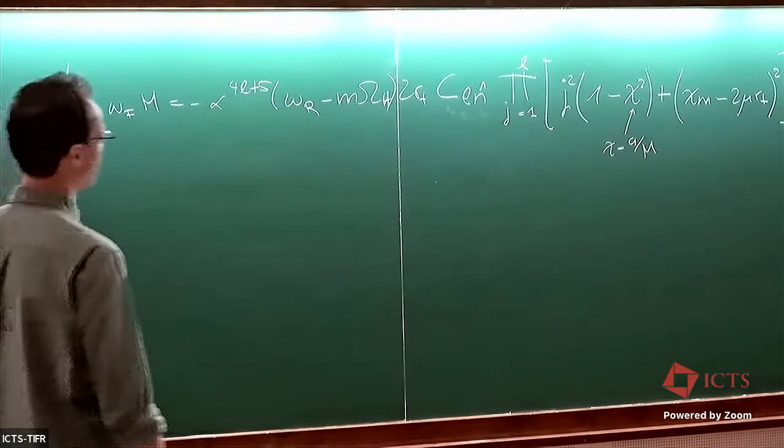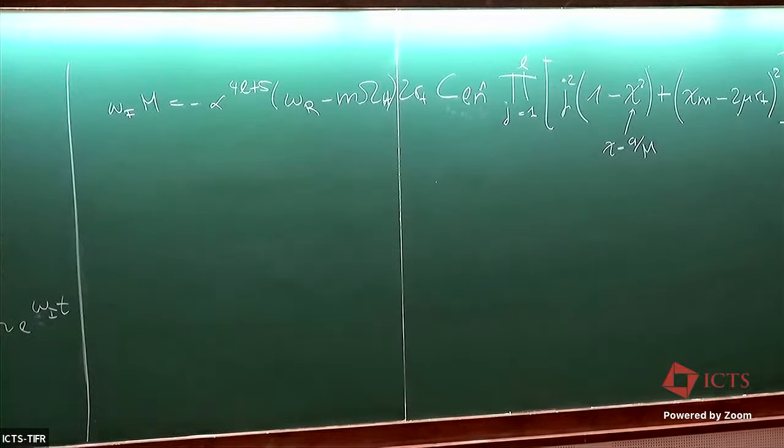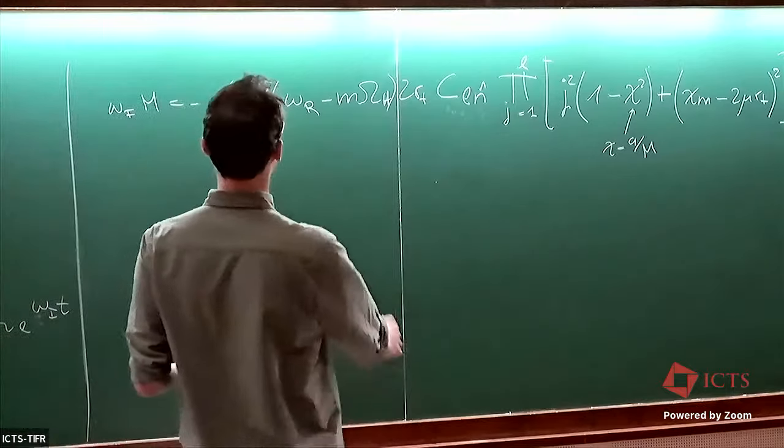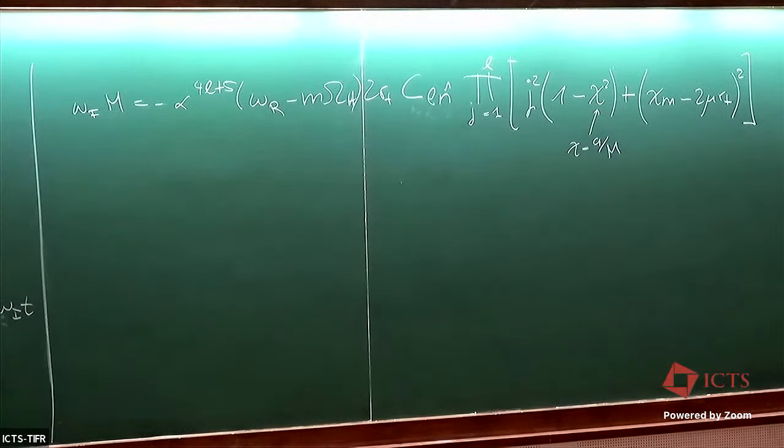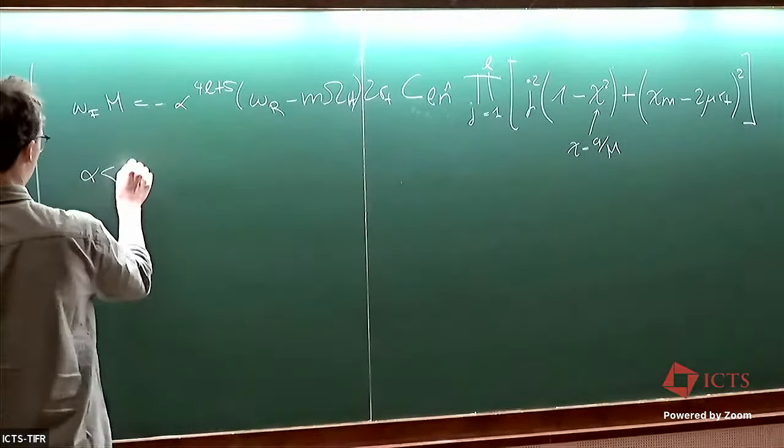Okay, so the first thing I want to do, in the spirit of looking at solutions for small alpha, is to simplify this expression in the limit where alpha is very small. So let's assume that alpha is very small.